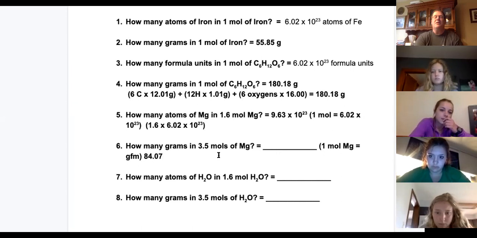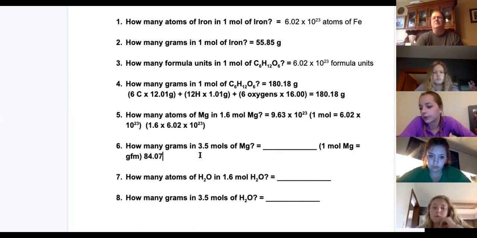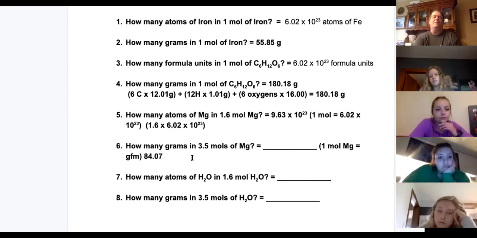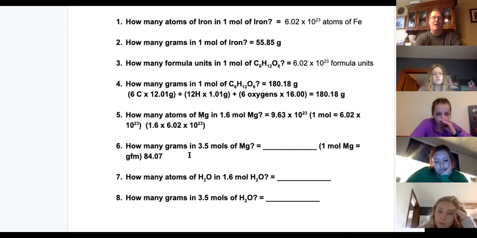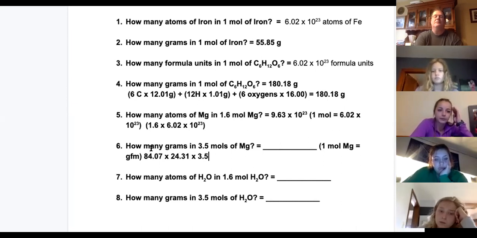All right. What's the mass of one magnesium? 24.305. So just that times 3.5. No, I was saying the 84.07 was everything multiplied together.